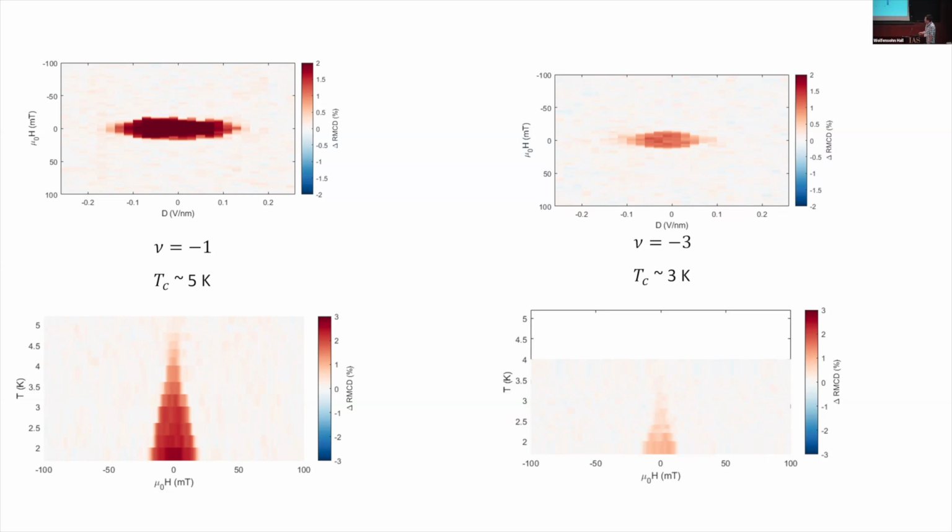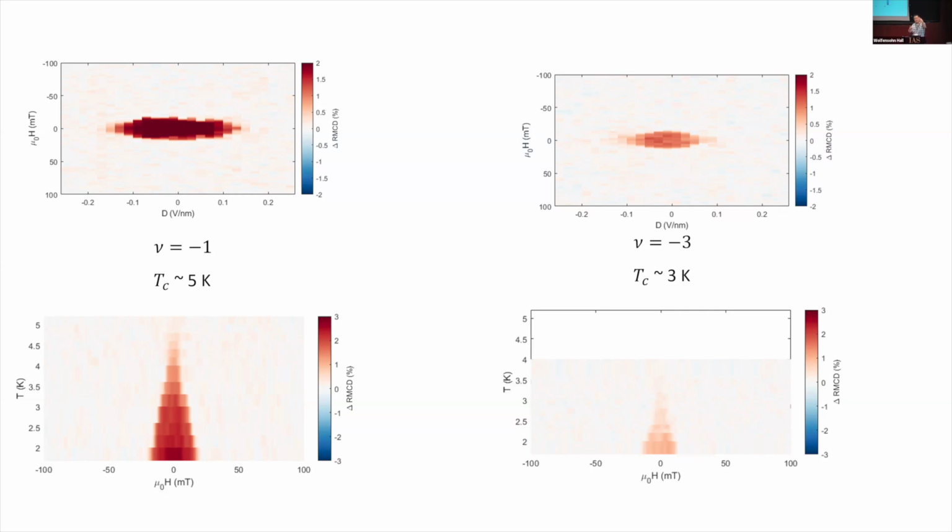Let me comment on the Curie temperature a little bit. If you remember, I showed you that the Curie temperature for the 3.74 degree sample is about 14 Kelvin for filling factor -1, and for 2.6 degrees, the Curie temperature is about 9 to 10 Kelvins. Now for 2.1 degrees, at filling factor -1, the Curie temperature keeps dropping to 5 Kelvins. Everything is consistent because the magnetism comes from direct Coulomb exchange.